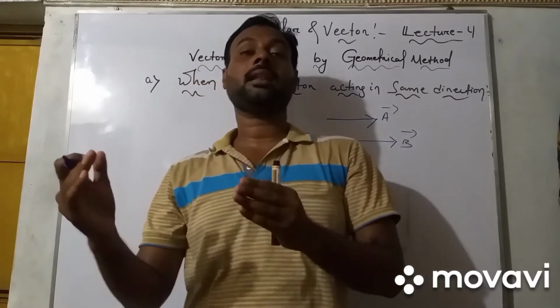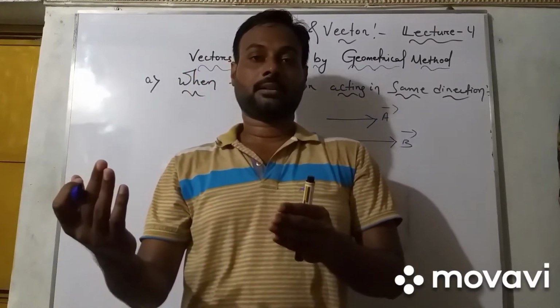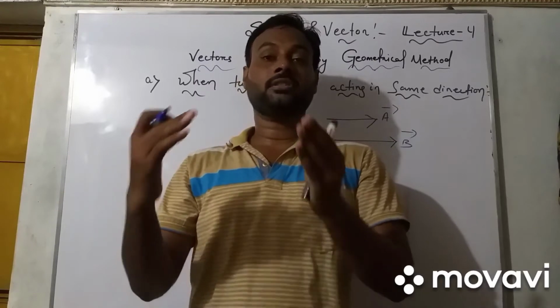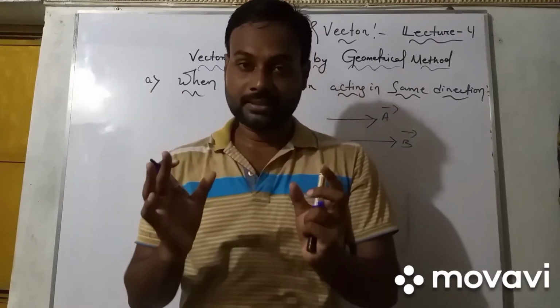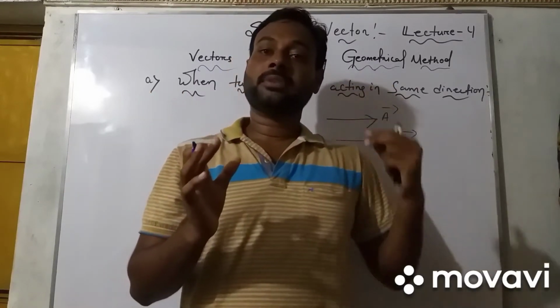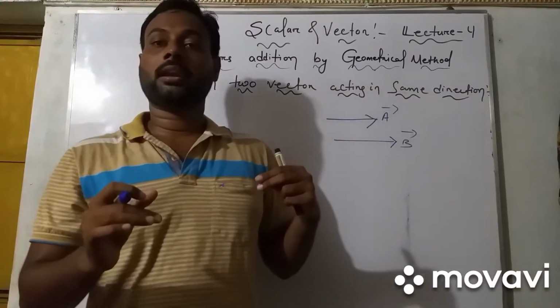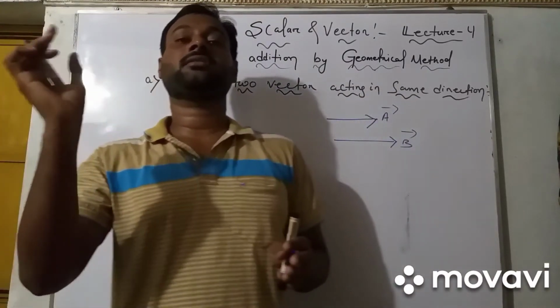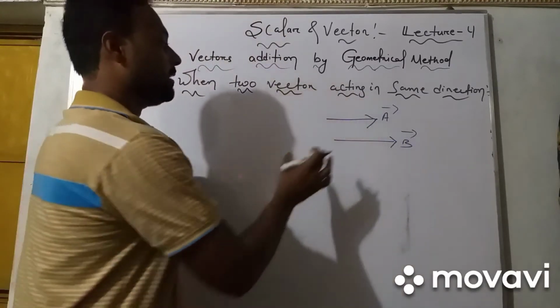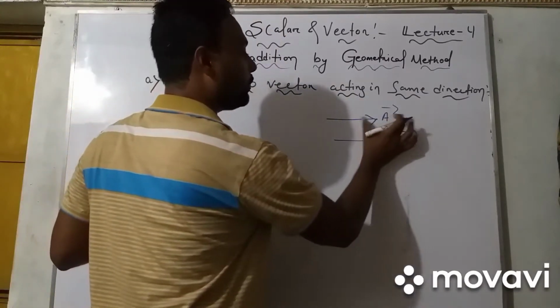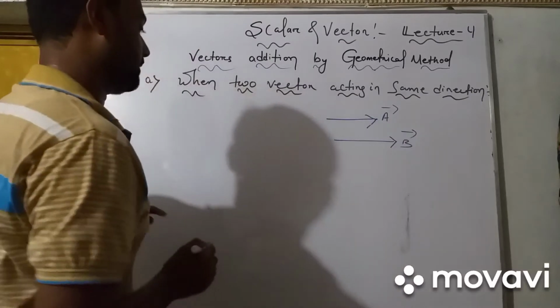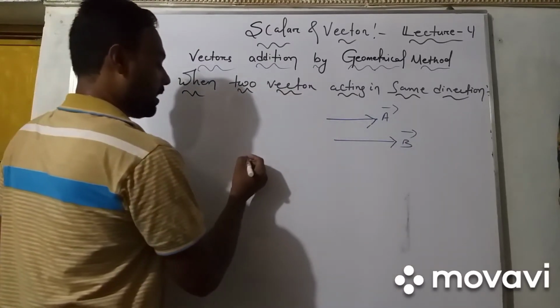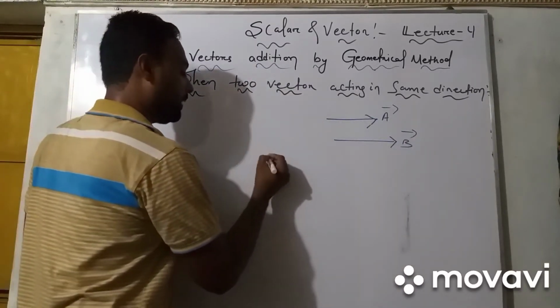Therefore the resultant vector can be represented from the tail of the first vector to the head of the last vector, so that represents the resultant vector. In that case A vector and B vector both are acting in the same direction. So according to the general rule, what will happen?